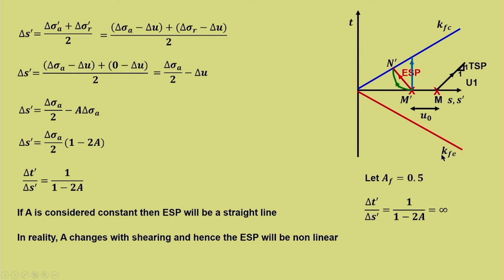In fact, this information is very important when we try to understand critical state soil mechanics. For NC, a typical A value will be 0.5. If you are representing the stress path in a T-S dash plot, we know that it is moving in the upward direction.